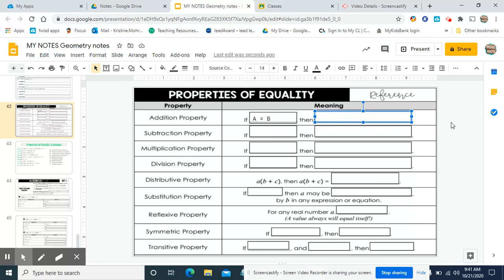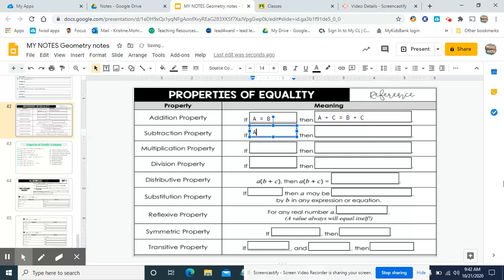Then for addition, it's saying that this will still be equal as long as I add the same value on both sides of that equal sign. So I add to both A and I add the same thing to B, and they will remain equal. If I add C to A, that will still be equal to B as long as I add C on that side as well.